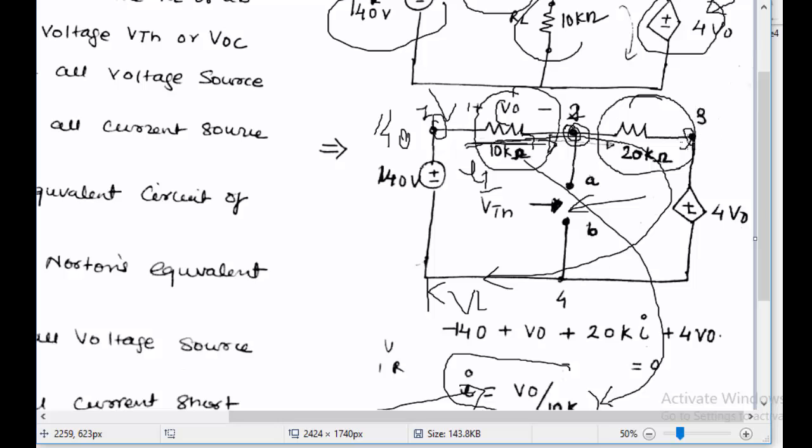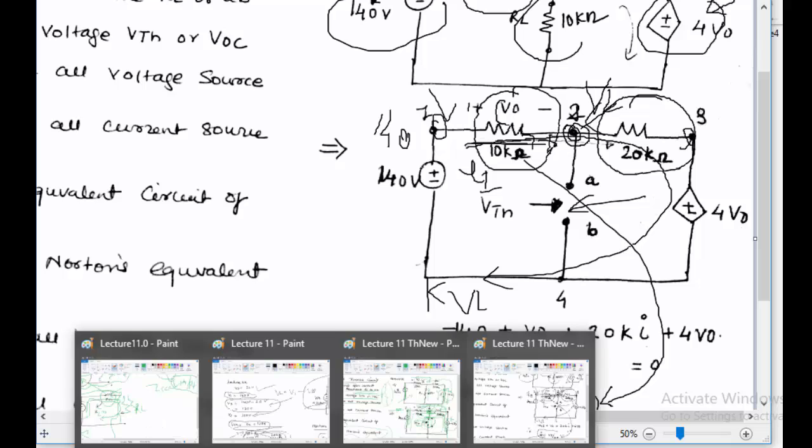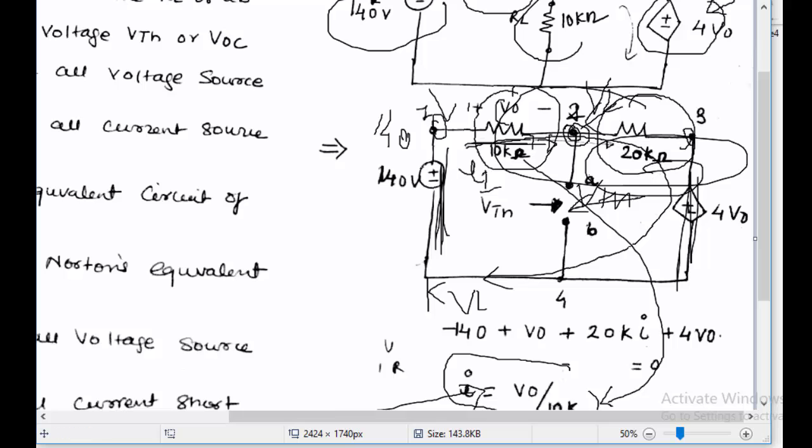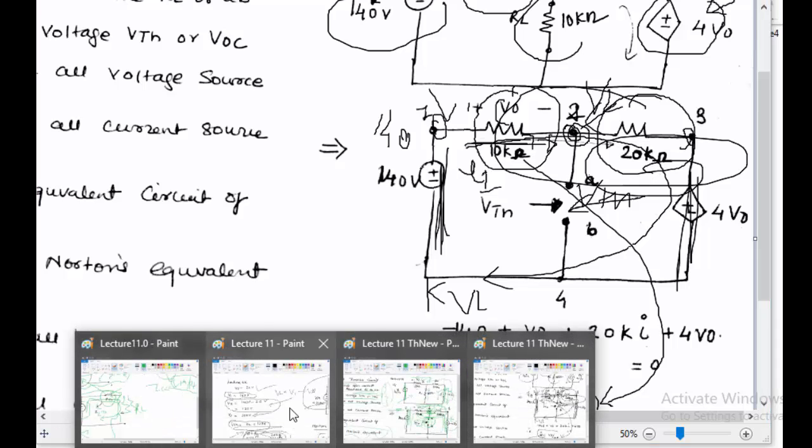Based on the values of all the three nodes, you have found out the value of V2. As you have found out the value of V2, you found out VTH, and then by shorting this you found out the R equivalent. So that was how you solve the full circuit.